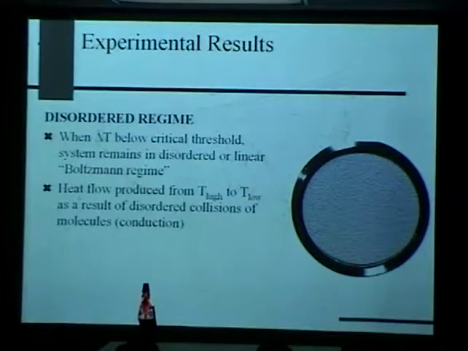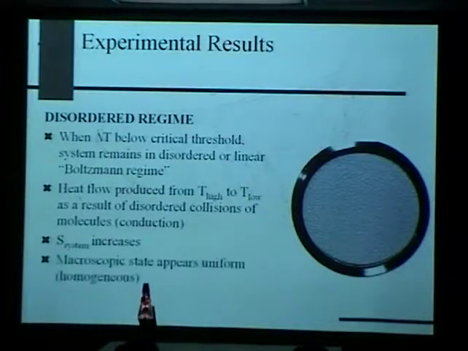In physics we call it thermal conduction. It's just random, disorderly collisions between molecules, and they exchange energy. And the entropy of the system increases. When you look at it, you can see a picture to the right. The macroscopic state appears very uniform, very homogeneous. You don't see a whole lot of order there.